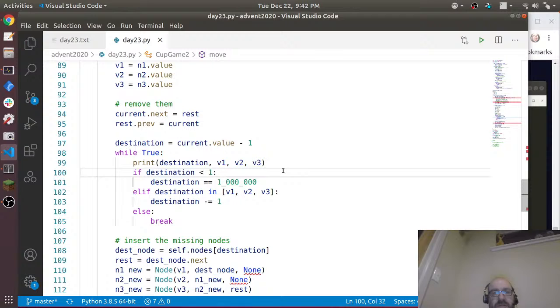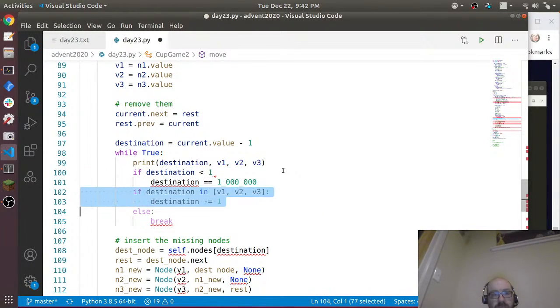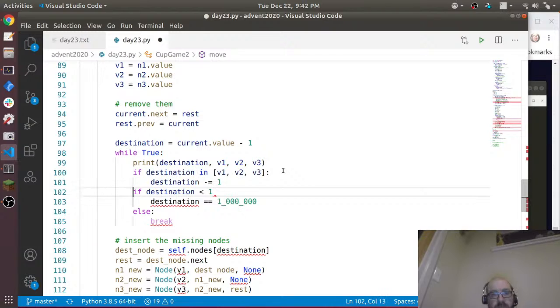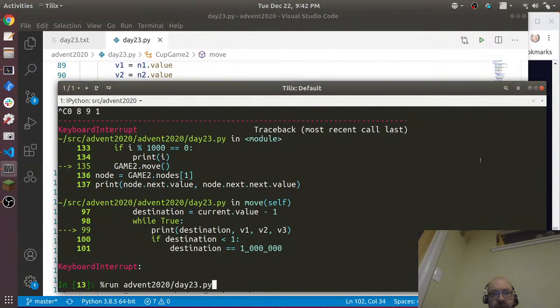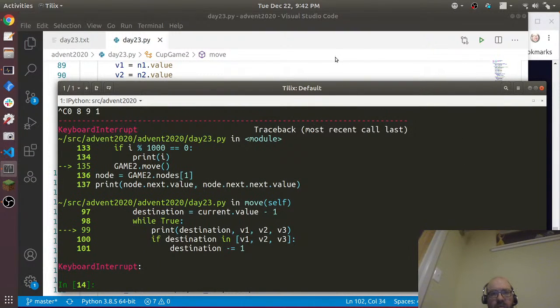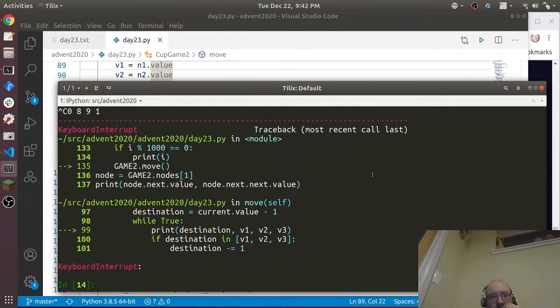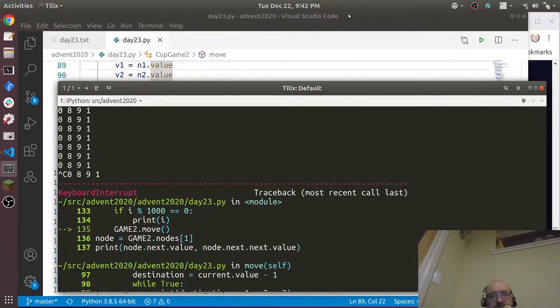If destination, maybe I need these in the opposite order. Let's try that. Nope. So the destination is 0. How can the destination be 0?